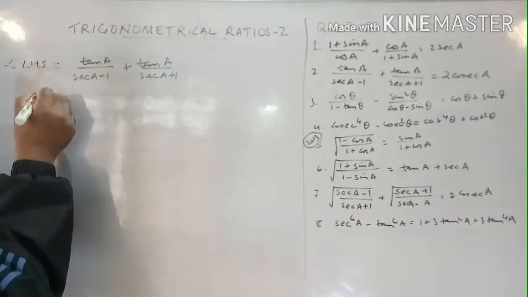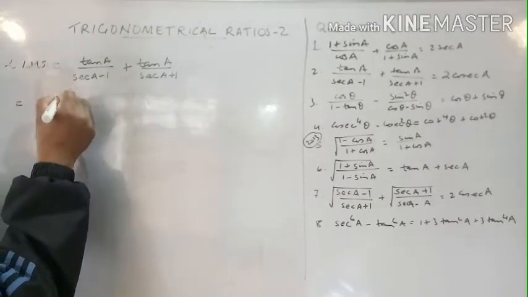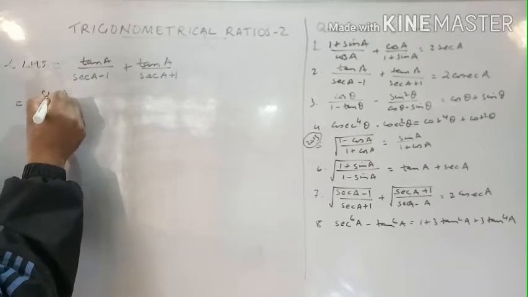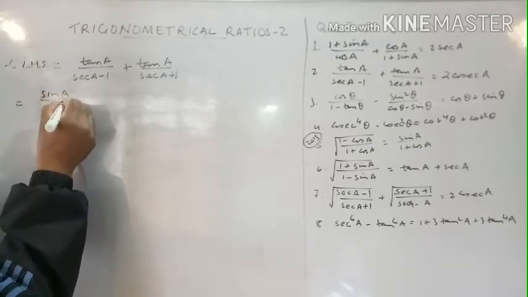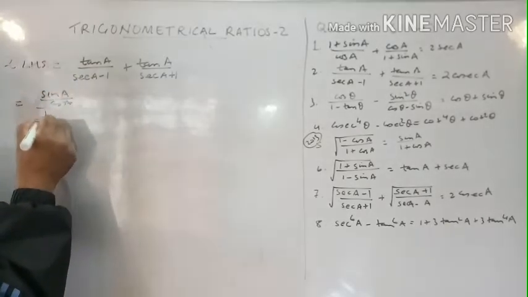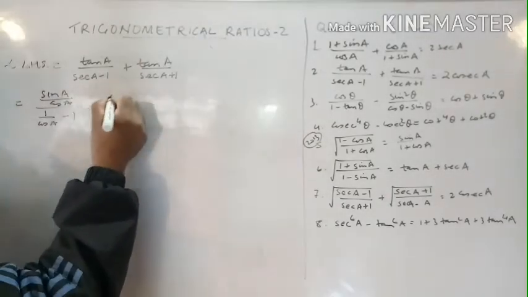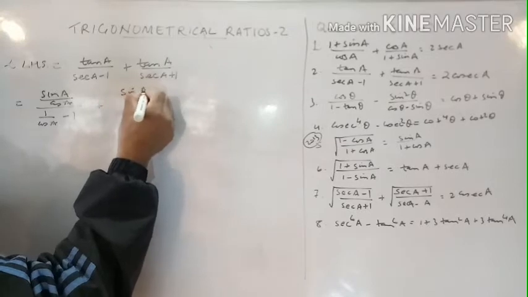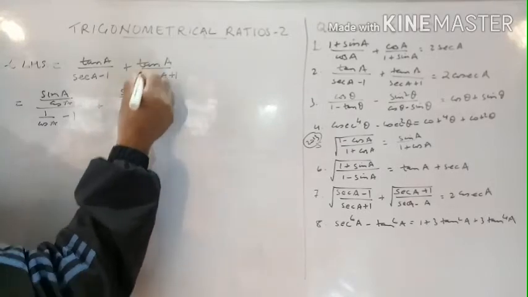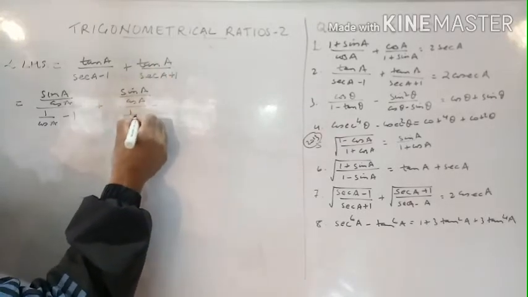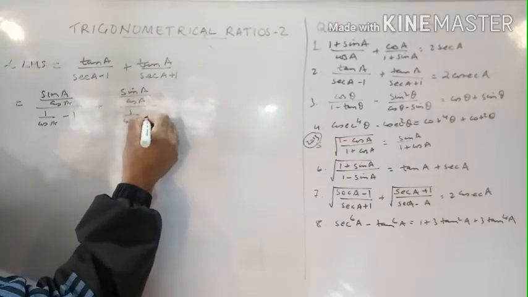So tan A is sin A upon cos A, and sec A is 1 by cos A, so (sin A/cos A) by (1/cos A minus 1), plus sin A by cos A, that's tan A, by (1/cos A plus 1).